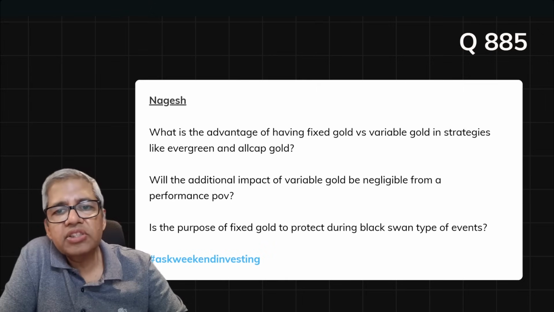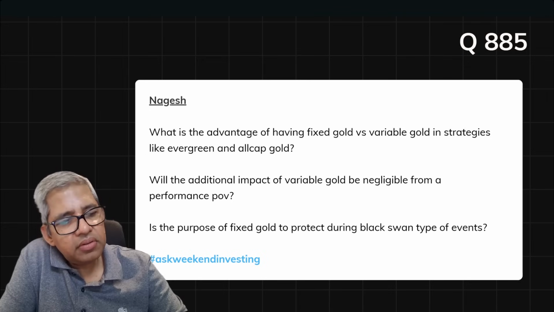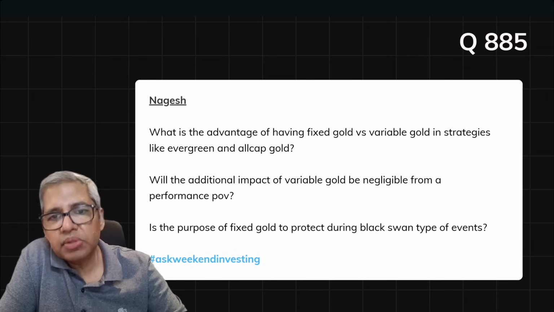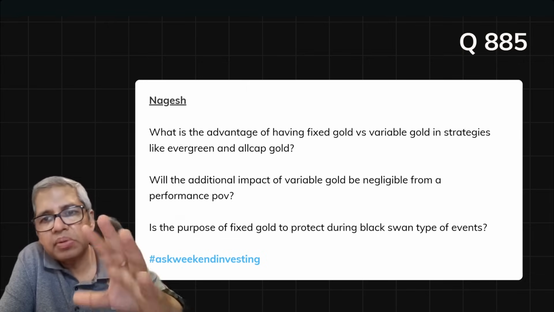Nagesh says, what is the advantage of having fixed gold versus variable gold in strategies like Evergreen and all? There are some advantages and of course some disadvantages. The advantage is that you are very comfortable with 25% or 20% or whatever the allocation may be.